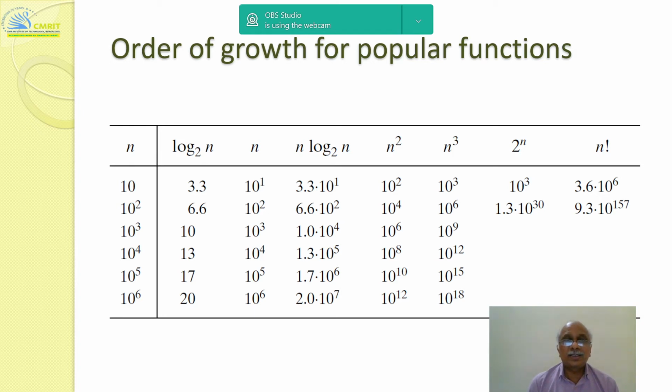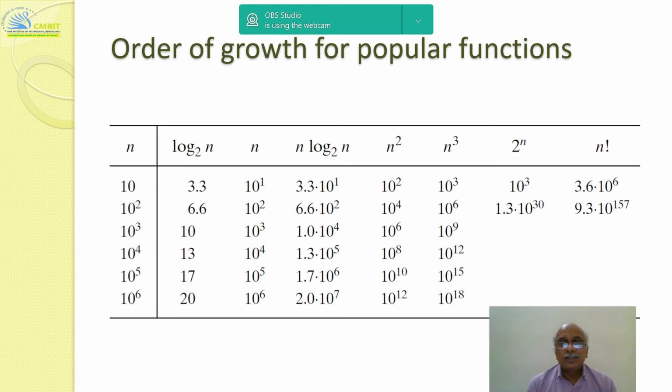And it's clear that for any size larger than 100, exponential time algorithms won't work. And for polynomial time algorithms like n, n squared, n cube, etc., for a value of 10 to the power 6, log n takes just 20 operations, whereas n cube takes 10 to the power 18.